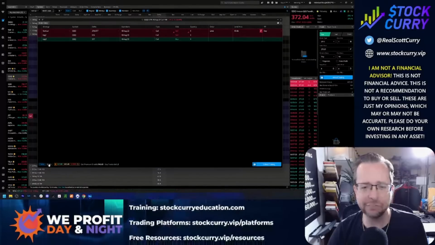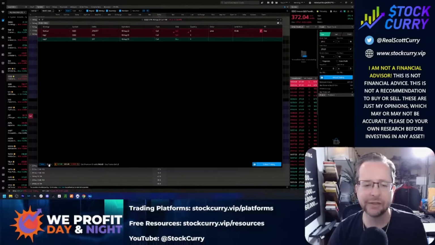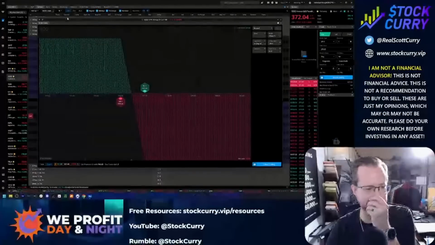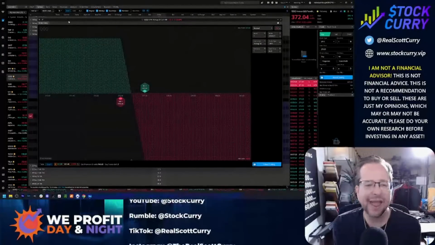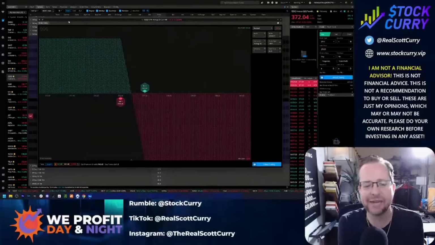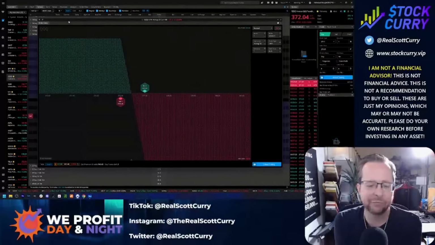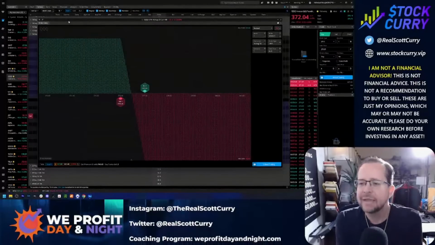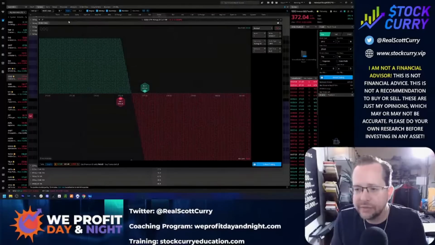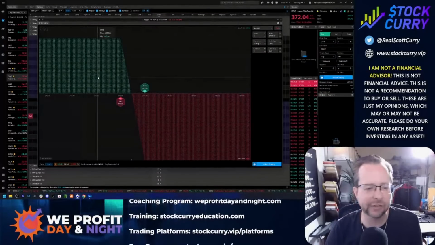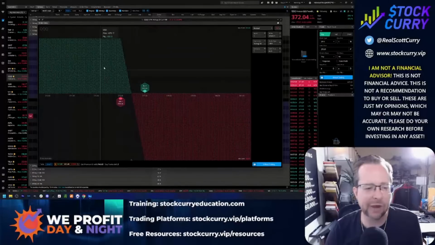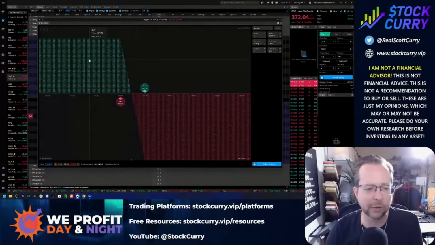But here's the beautiful thing about these multi-leg options, and this is what I explained earlier, is that you have the ability to make money in 4 out of 5 ways. Now, this makes money if QQQ goes down. As you can see on this profit chart, it's profitable if QQQ goes down.